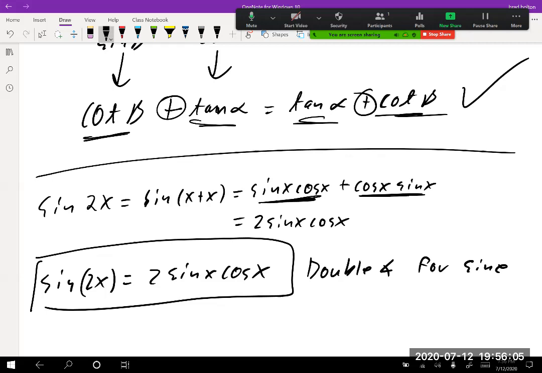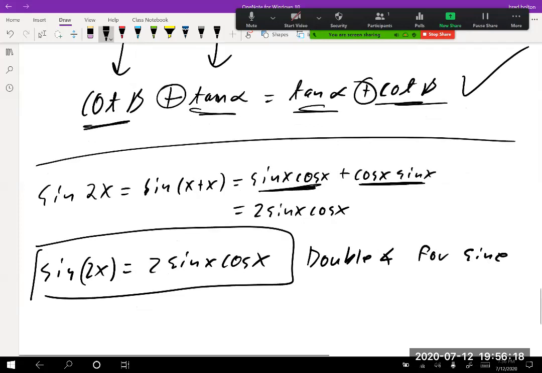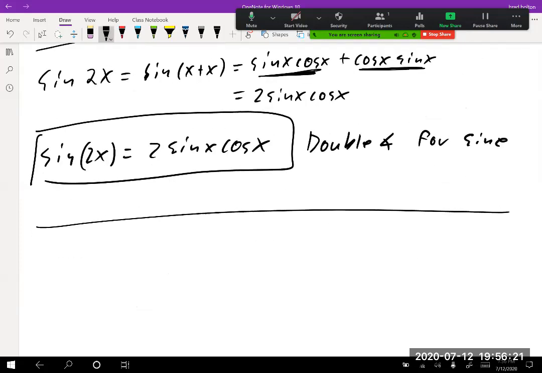Let me just double check and make sure I covered everything I wanted to go over. There's a few more problems we could do. I could show you this one. Some people call these reduction formulas.